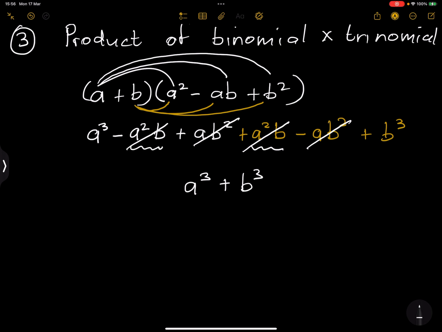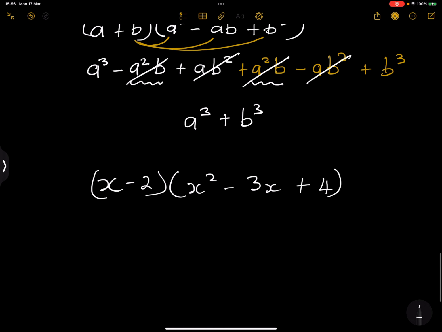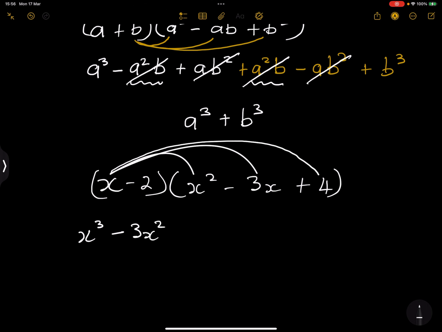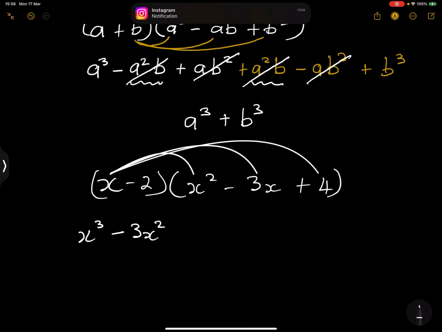So suppose I've got x minus 2 into x squared minus 3x plus 4. Right, so how are we going to look at that? So firstly, x times x squared, that will be x cubed. That's x multiplied by negative 3x, that will be minus 3x squared. That will be x multiplied by 4, that will be plus 4x.